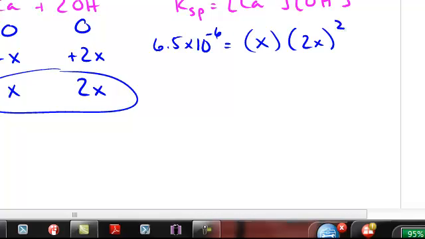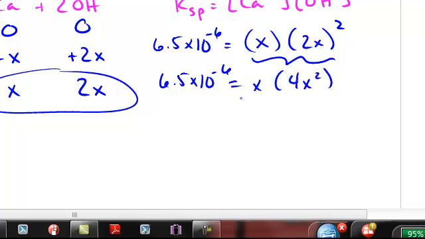and it gets squared. Now you've got to really pay attention to the math. We're going to simplify this side before we try solving. You have to square your 2x first, so you get x times 4x squared. Okay, and I'm showing much more steps than you probably would eventually get to, just so you know what we're doing. And now you can solve for x.